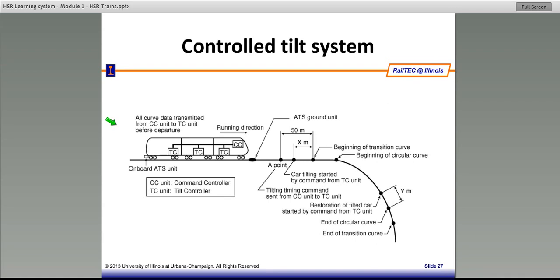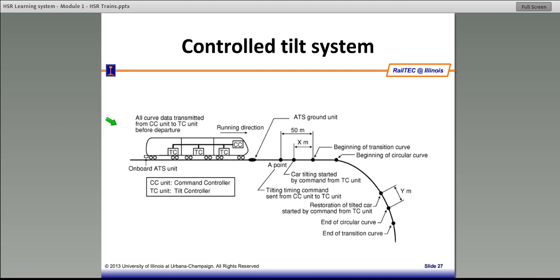This type of technology basically elongates the time for tilting and reduces the rate of the tilting, so that people will feel less nausea. Okay, that is the purpose and the advantage of this type of tilting technology.